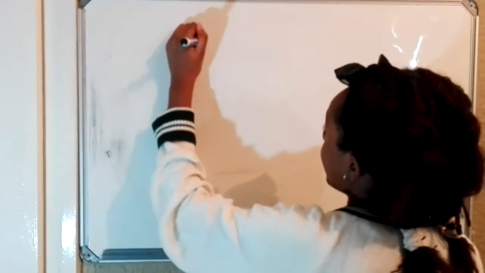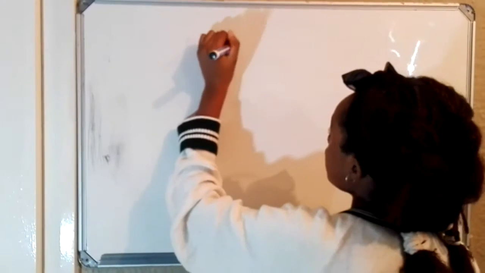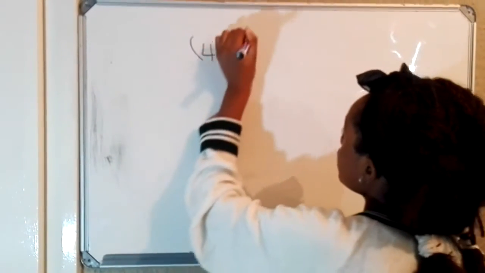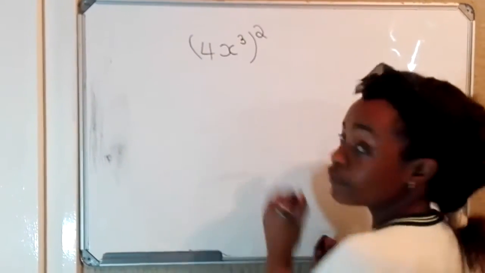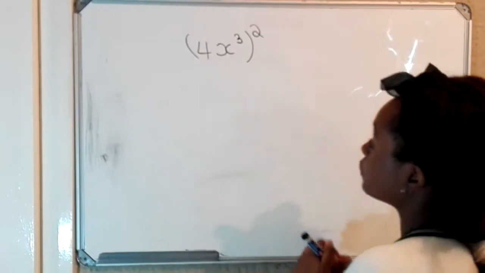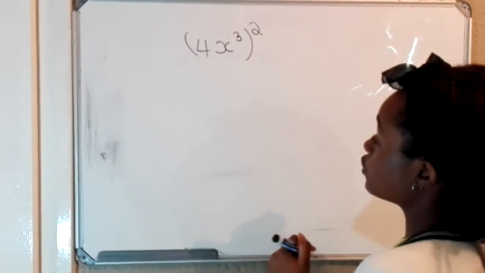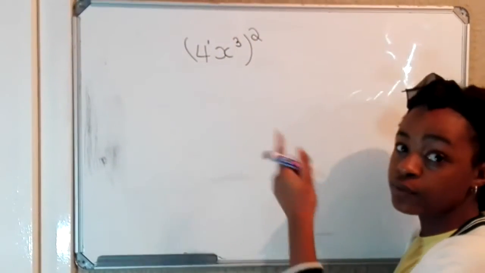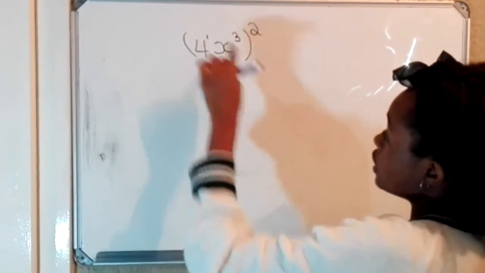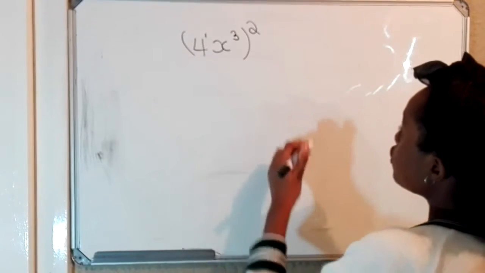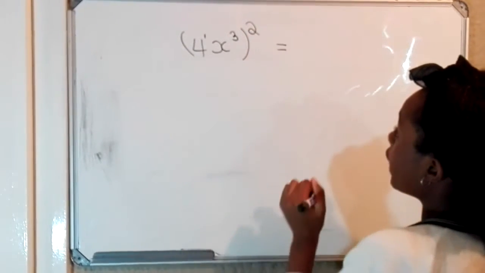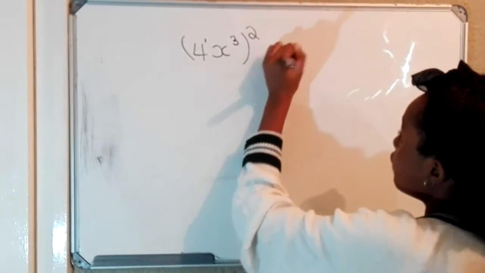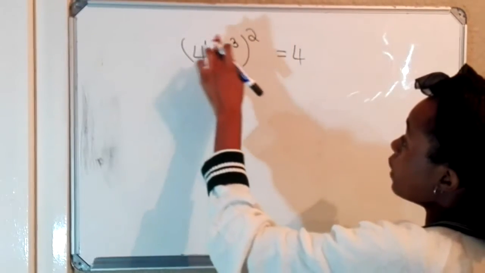Here's another one. Say we have 4x cubed, all of this to the power of 2. Feel free to pause the video and try this one on your own. Okay? So before we start, I just want to point out that there's an invisible exponent, which is 1. 1 doesn't really affect 4, but there is an invisible exponent. So what we'll have here is everything in the brackets raised to the power of 2.